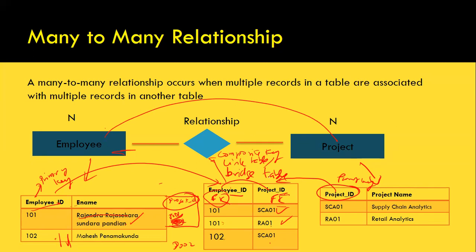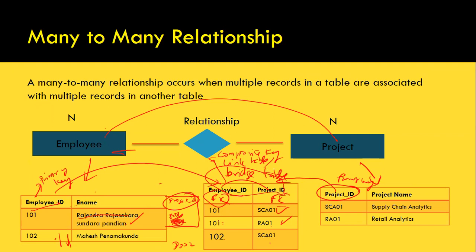Since you need a special treatment, that is where we bring in the bridge table. In the bridge table, we keep the primary key column of the other table. Though in this table it is called a foreign key, individually if you look at it, it's a foreign key, but the combination of these two is called your composite key. Basically, the bridge table will have the composite key in it.